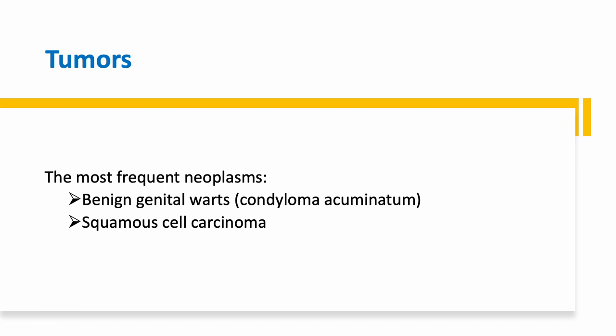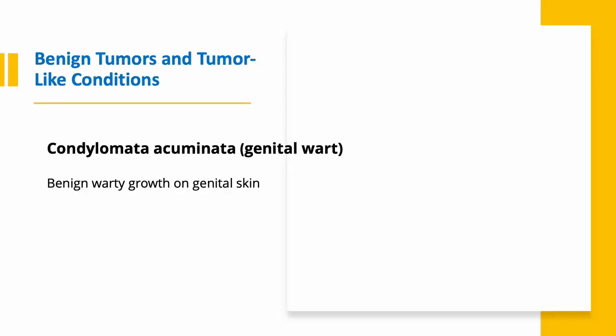The third part in our lecture is the tumors. The tumors will be divided into benign genital warts and squamous cell carcinoma. First, the benign tumor or tumor-like condition, the genital wart. Genital wart, also known as condyloma acuminatum, is defined as a benign warty growth of genital or anogenital skin.